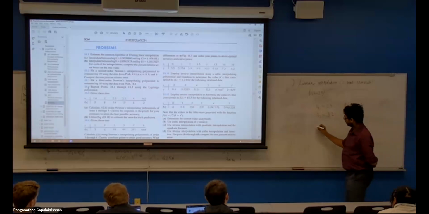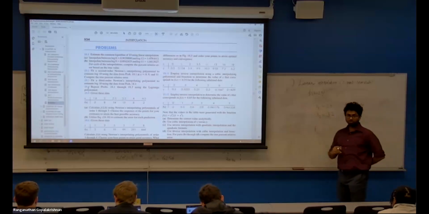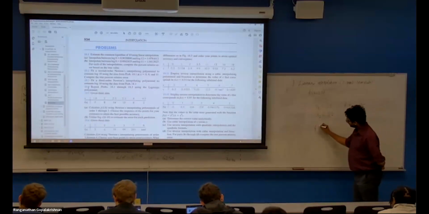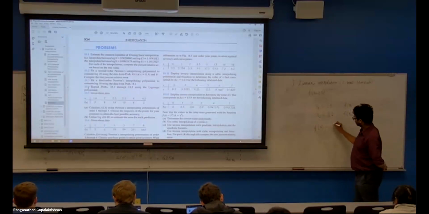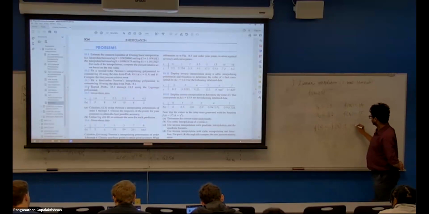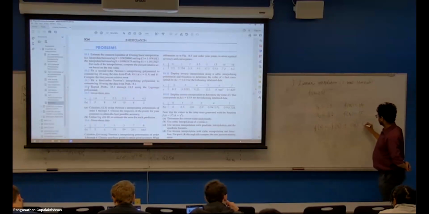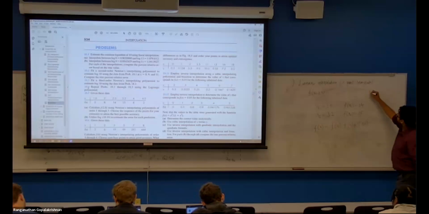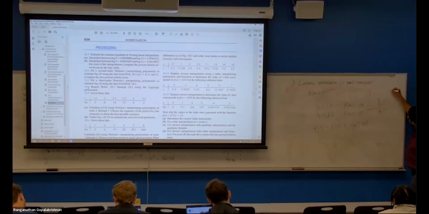If I want to do linear interpolation, for those who can't remember or want to remember it conceptually, f of x equals f of x1 plus slope times delta x. If you write it like this: x1, x2, y1, y2.